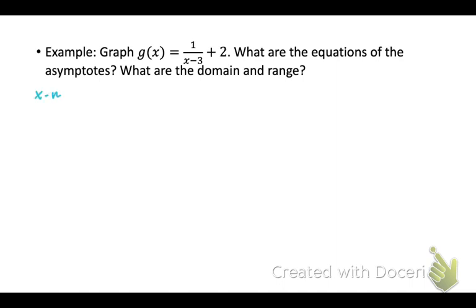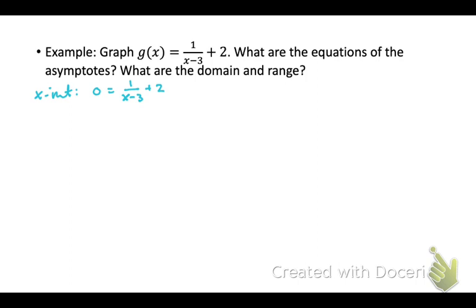X-intercept. How do I find an x-intercept? Set y equal to 0. So 0 equals 1 over x minus 3, plus 2. Okay, so I got to solve it for x. How would I do that?